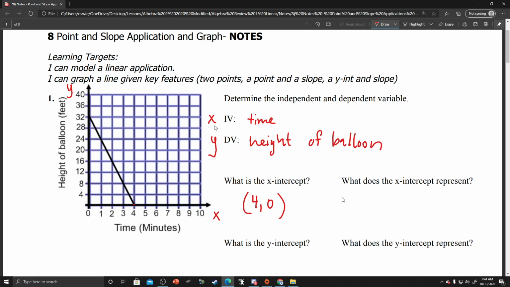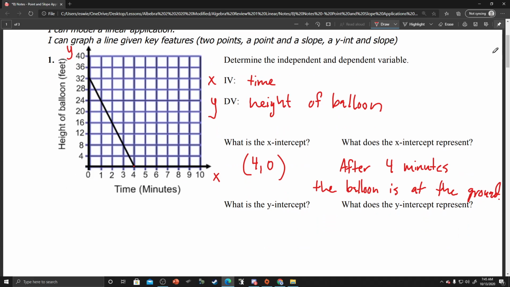So after 4 minutes, you could say the balloon is at the ground. Good.